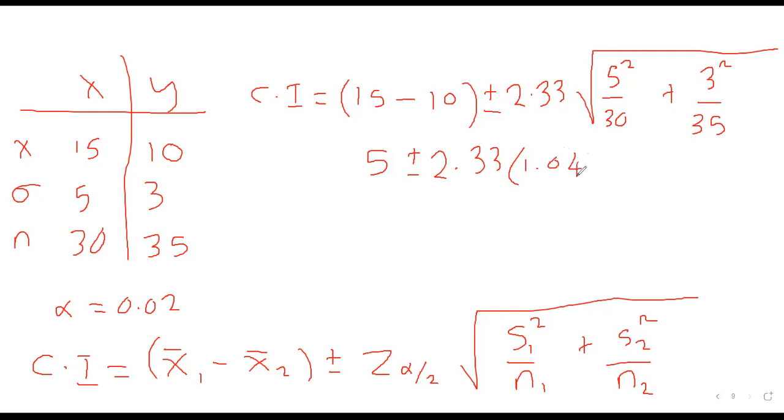So 1.044 we multiply by 2.33 and get 2.433. Then the lower bound, we subtract 5 minus that, 2.567. Then when you add, 7.433.